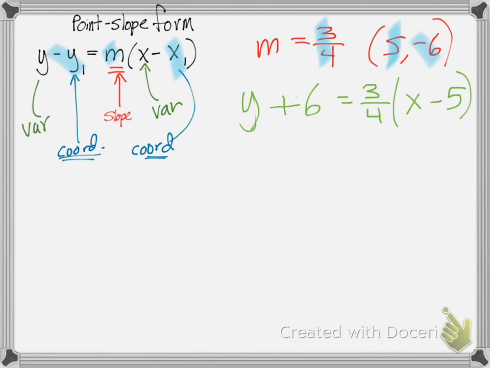Now we could do a lot more with this. So let's do another one. Let's say we had 2 points, 5, 4 and then 3, 7. So we have a point, so we can plug in either of the points for x1, y1.